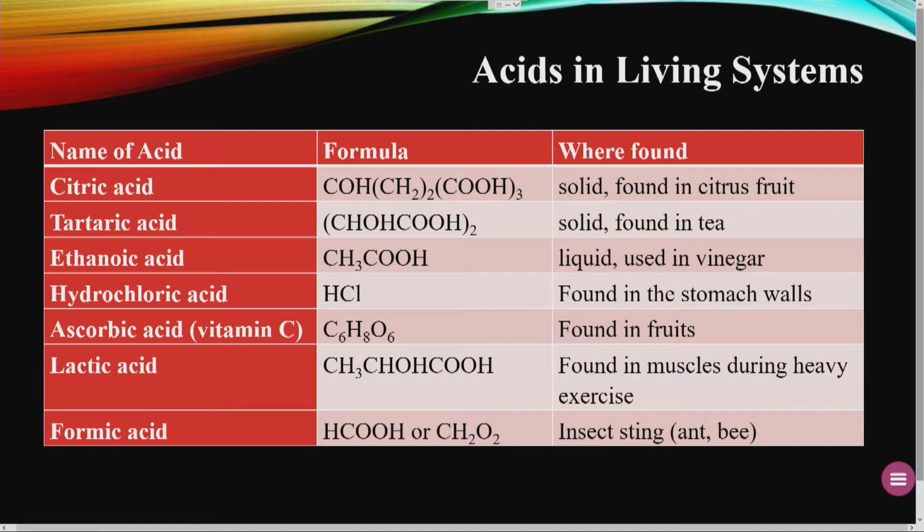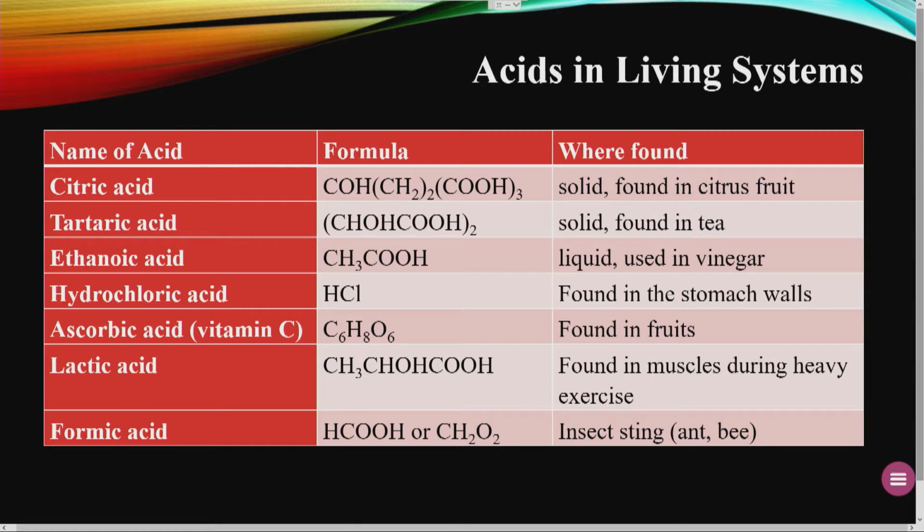Hydrochloric acid, from the diagram, we notice that it is found in the walls of the stomach. Ascorbic acid, we know that to be vitamin C, C6H8O6, and this is found in fruits and in citrus.